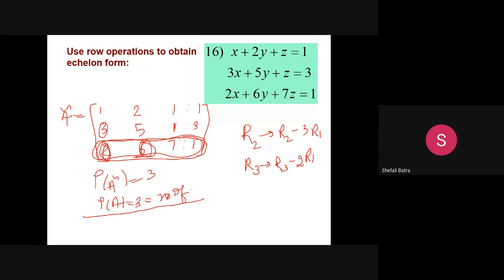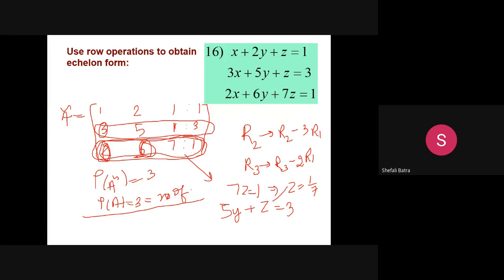Ma'am, z equal to 1 by 7. Right, very good, beta. I can write here 7z is equal to 1. So this implies z is equal to 1 by 7. Similarly, for the second row, you can write 0 times x plus 5 times y plus z is equal to 3.